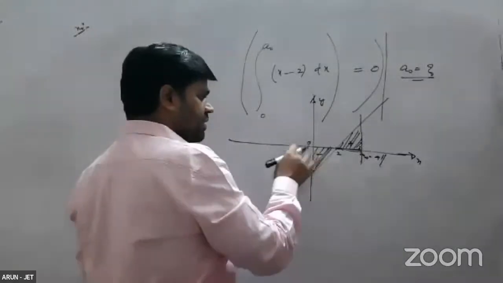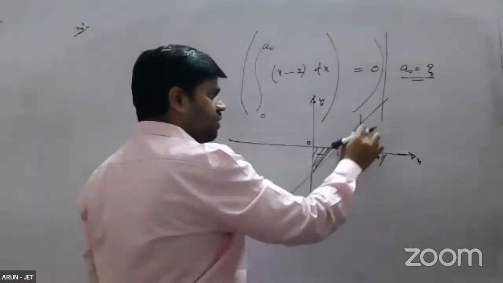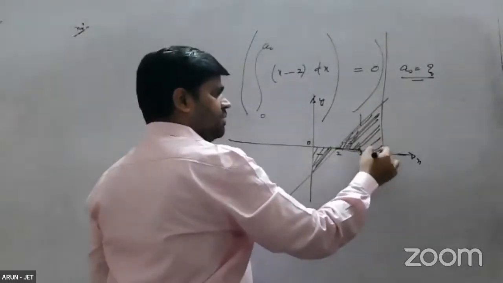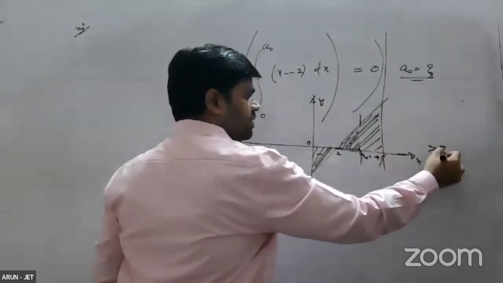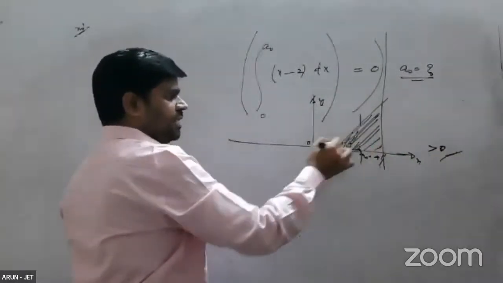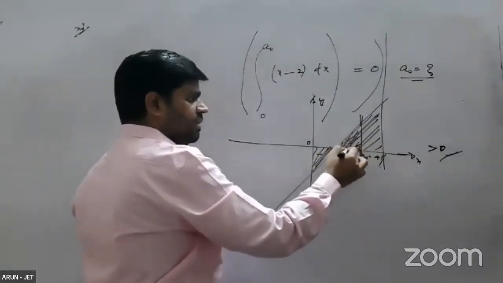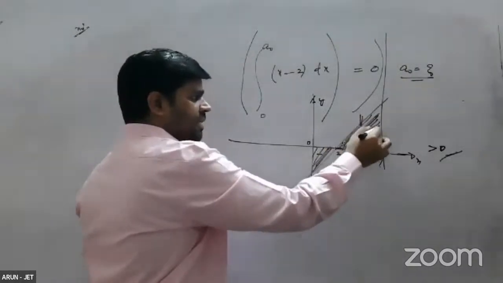Alright, so look at this. This area is 0. Why is it 0? Because this is negative, this is positive. If a naught were till here, then this area would turn out to be positive, because this is bigger than this. This would cancel out till here, and this would be the remaining area.